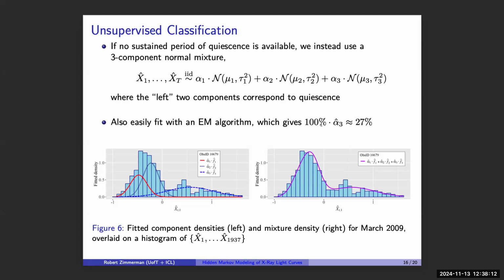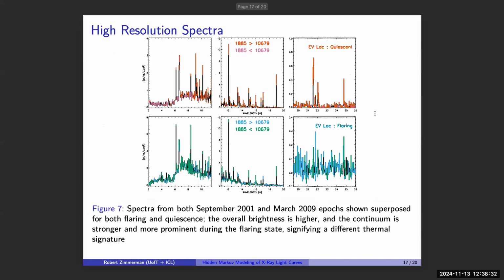If we take the estimate of alpha 3, the proportion of time spent in state 3, which we assume to be the flaring state, we get about 27%. The numbers we get are quite similar to those from the 2011 paper, so we're in agreement there.